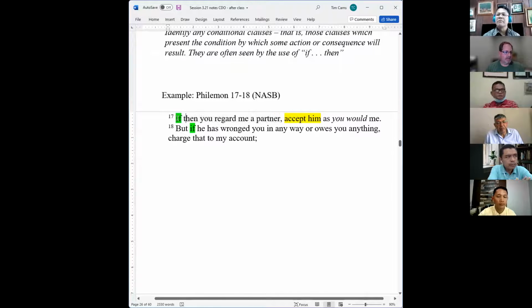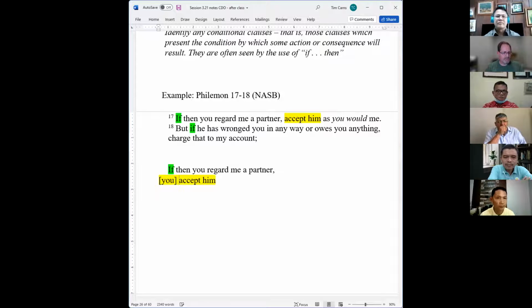So this is what it would look like if you were to diagram that part. Let me just do that. Okay, the main sentence is accept him. All right, and technically this is an imperative, so you accept him.